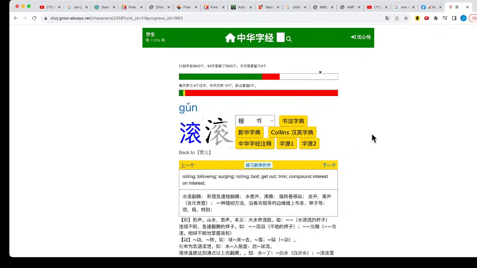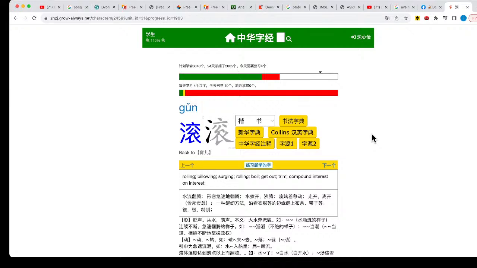滚 means rolling, billowing. That means the water, in a big lake or big ocean, the waves are roaring, that's called 滚. Roaring and surging, like lots of water just pushing forward. But it also means that when you burn water, bring it to a boiling point, and the water starts bubbling, this is also called 滚, 水滚了, 开水滚了.